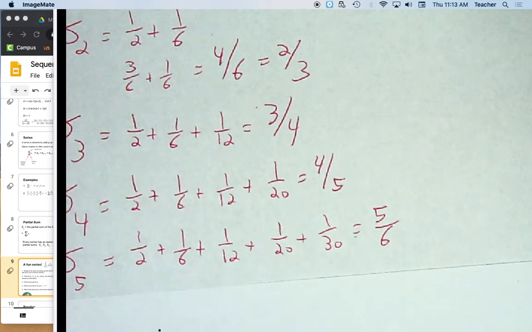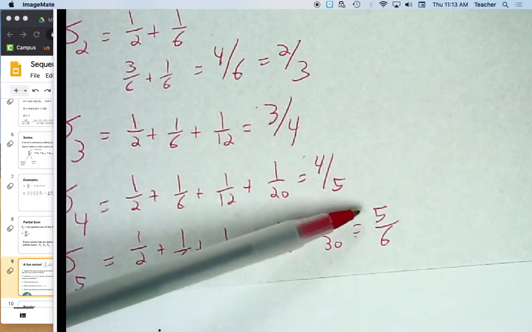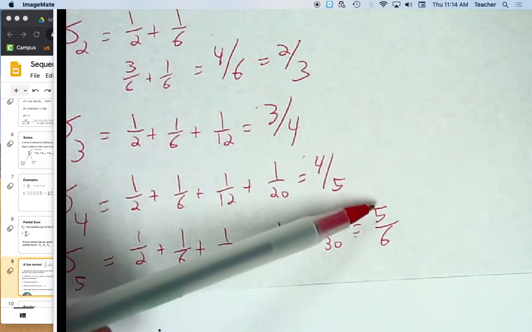As you do this, you start to notice a pattern. It's maybe not a proof, but we certainly start to see a pattern here. These answers are all fractions, and the numerator is 1 less than the denominator. In fact, the numerator is the same as the term number I stopped on. So the sum of the first 5 terms is 5/6.